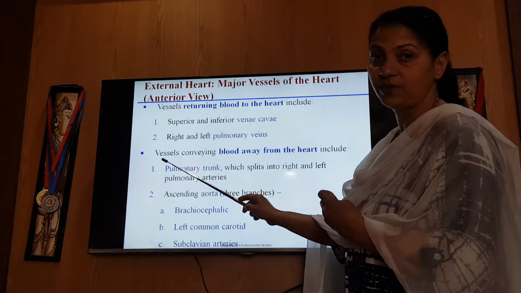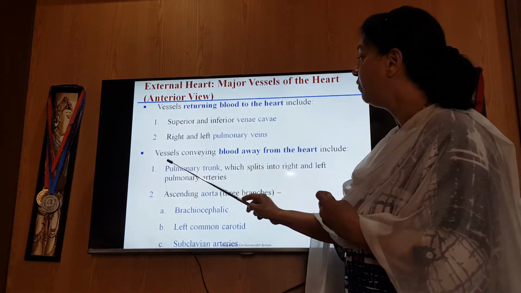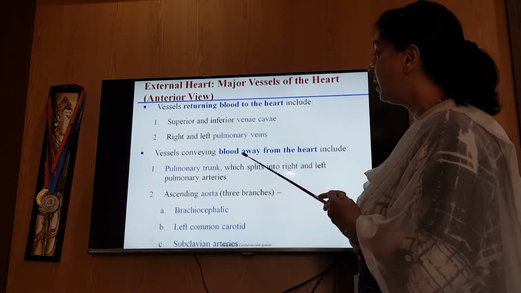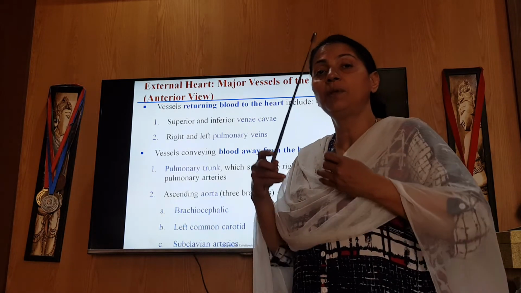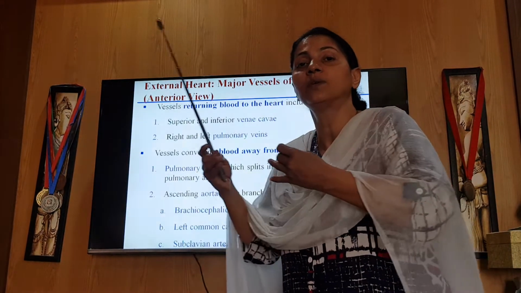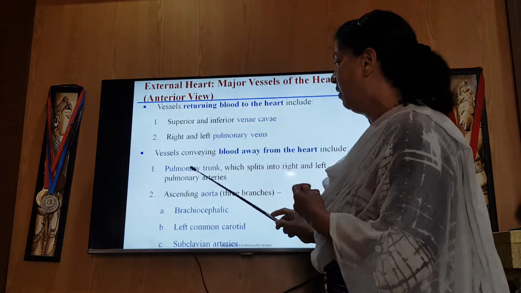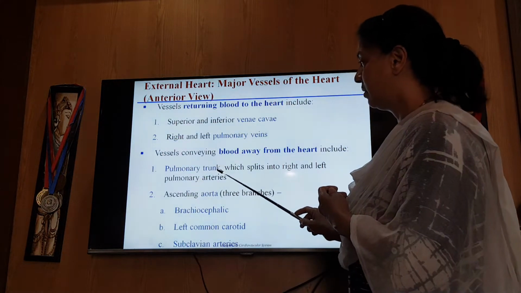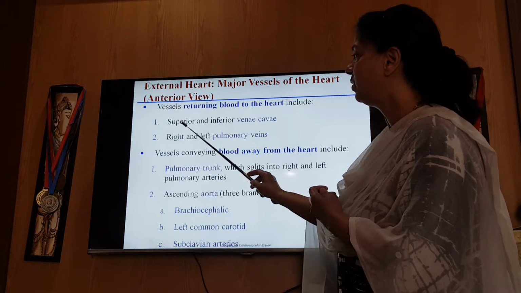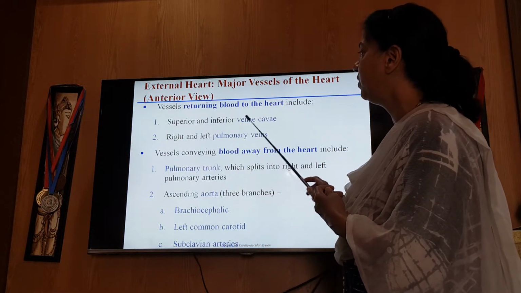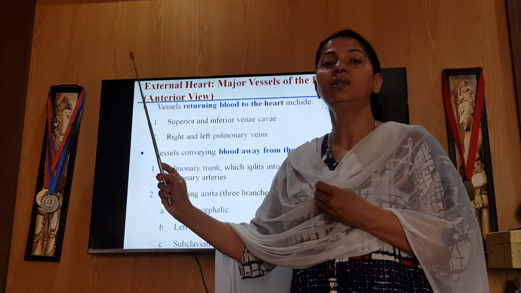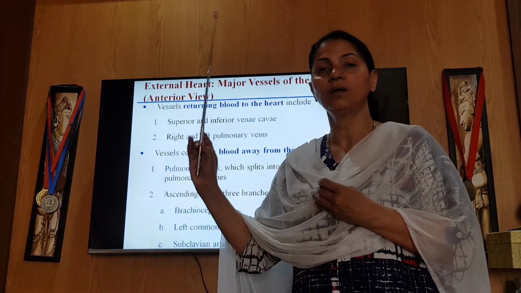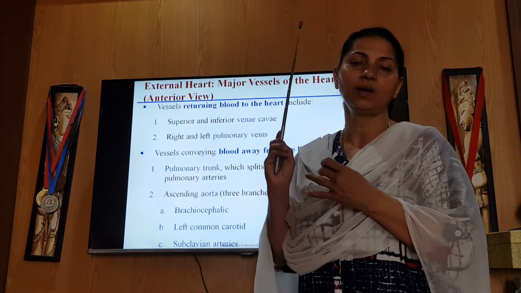Next, the large vessels which are conveying blood away from the heart, means the vessels which are taking the blood away from the heart towards the body. First of all, pulmonary trunk, because we talked about superior and inferior vena cava, the vessels which are bringing the deoxygenated blood from the body to the right side of the heart.